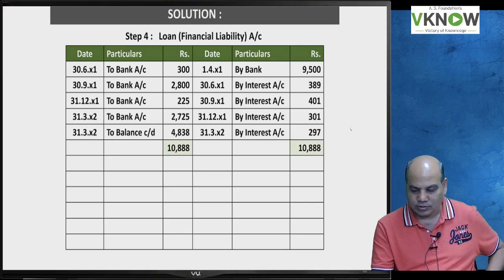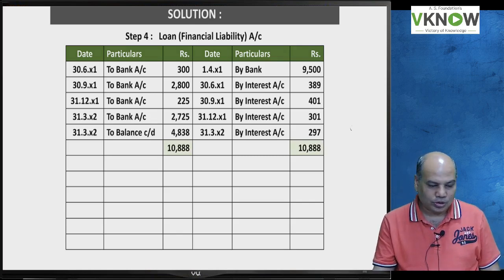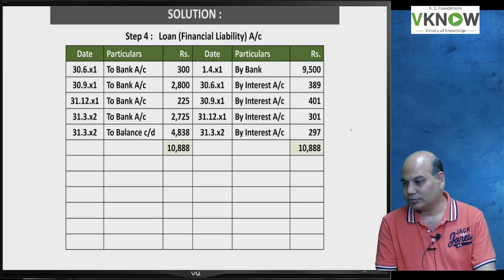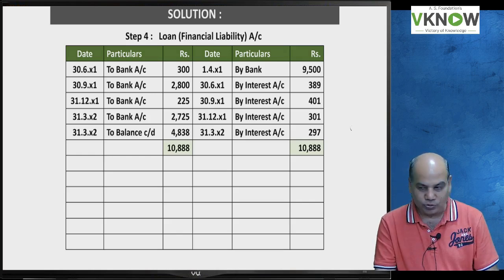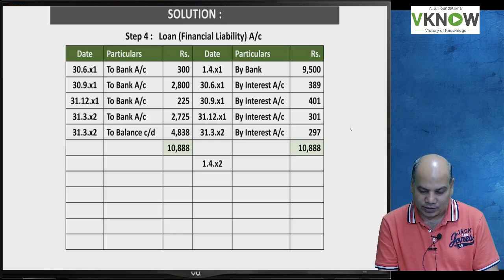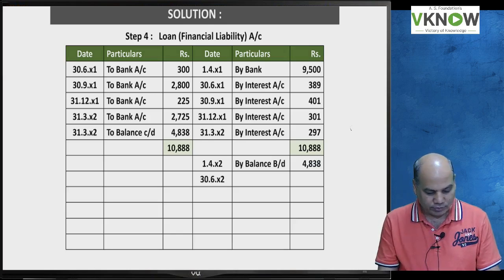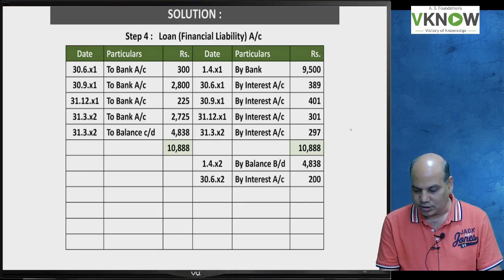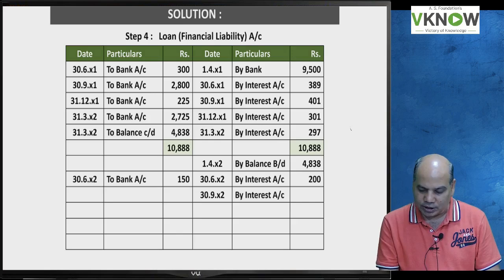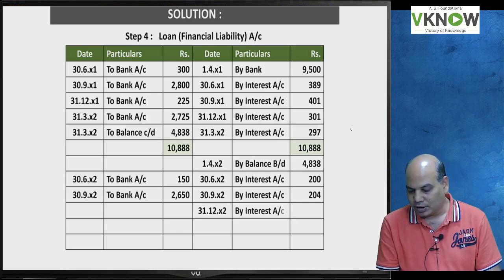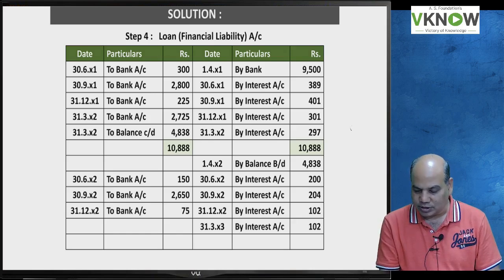4838. First year is over. If I don't tell you this, you will start closing every quarter. 10,888 is right. This way you have to present the answer nicely in the exam. Again you do the same exercise. By balance brought down 4838. By interest 30th June, debit side to bank, credit side by interest, debit side to bank, credit side by interest, debit side to bank, credit side by interest.